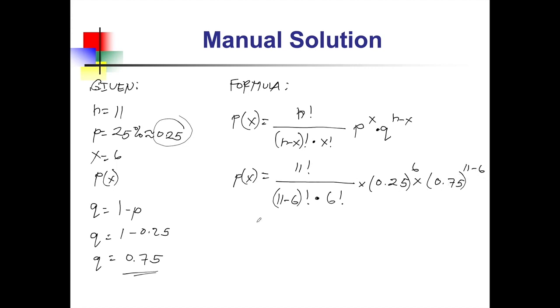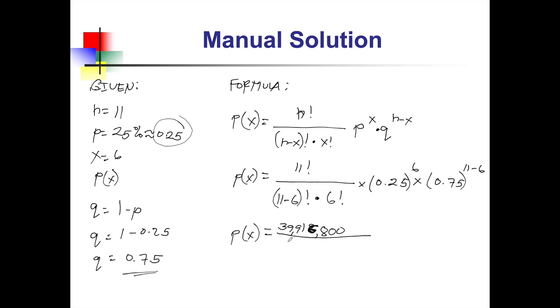Now, let's simplify our equation. 11 factorial. I hope you have your calculator with you. 11 factorial is equivalent to a very big number: 39,916,800.